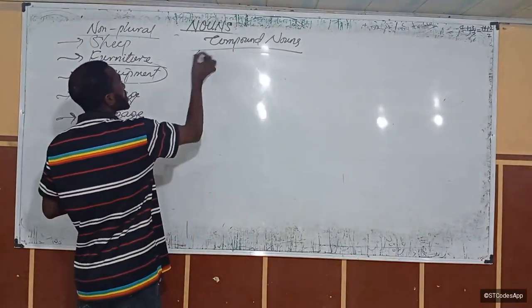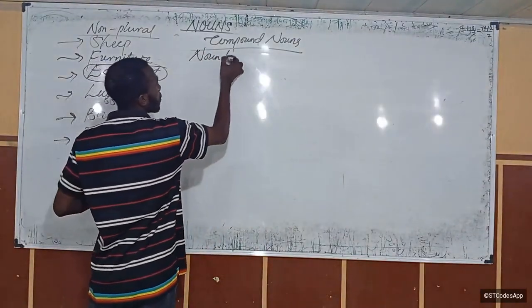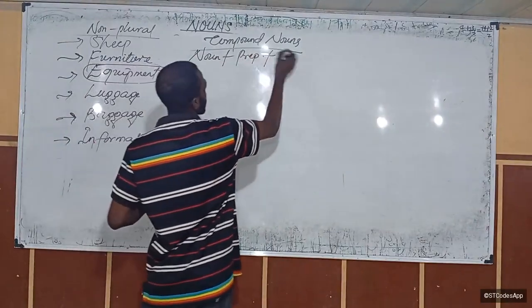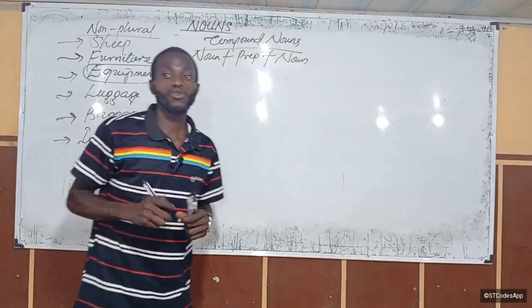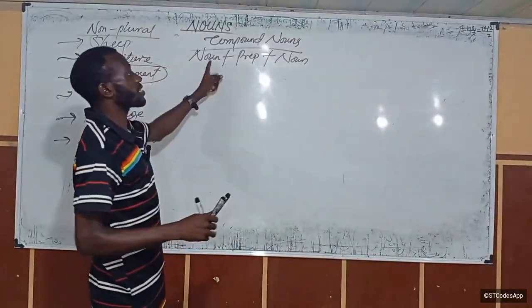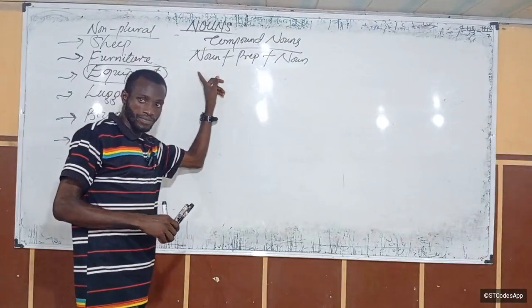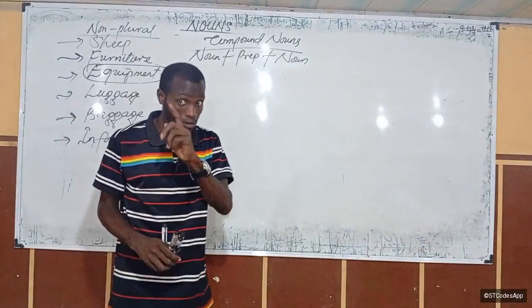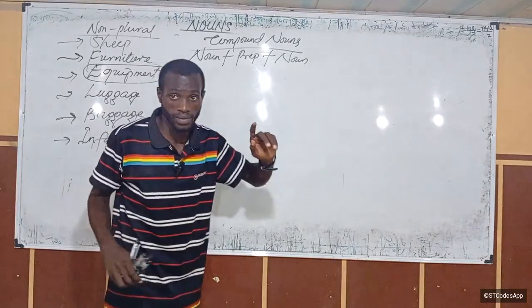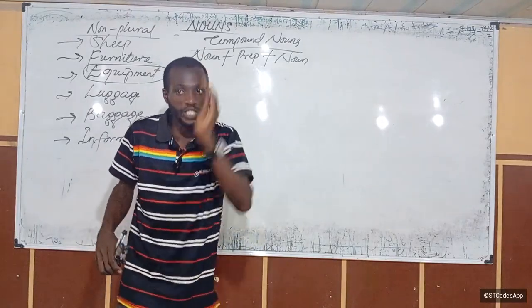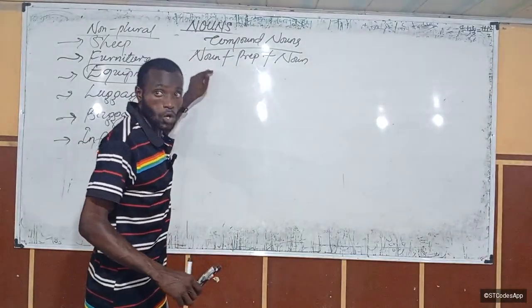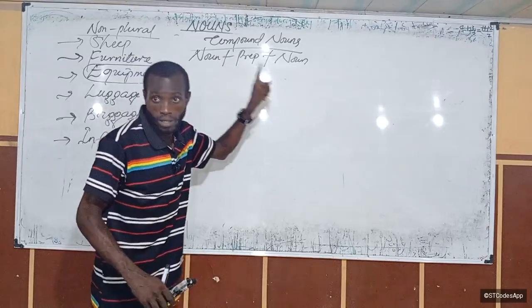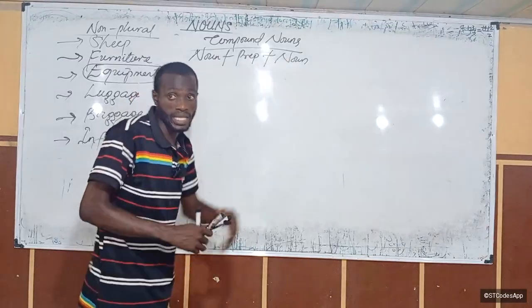Now, when you see noun plus preposition plus noun, you should pluralize only the first noun, albeit there are conditions where you can pluralize both of them. I'll tell you, but for your exam, pluralize only the first noun alone. When you see what? Noun, preposition, and noun.